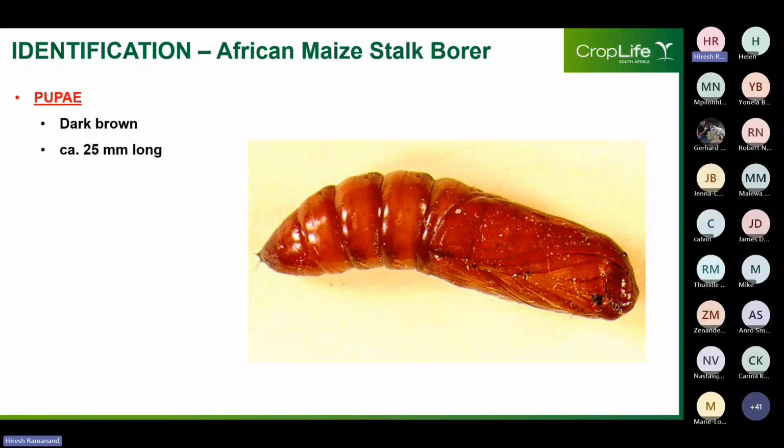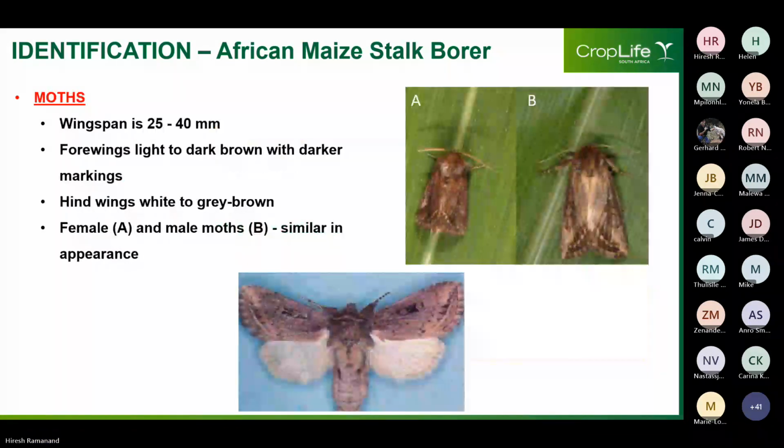The pupae of the African maize stalk borer are dark brown and approximately 25 millimeters long. Adults of the African stalk borer have a wingspan of 25 to 40 millimeters. Forewings are light to dark brown with dark markings, as everyone can see quite clearly here.